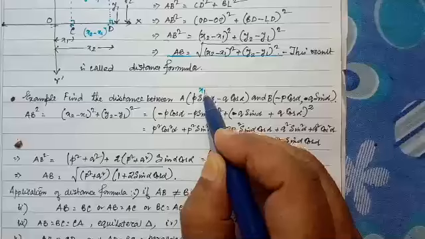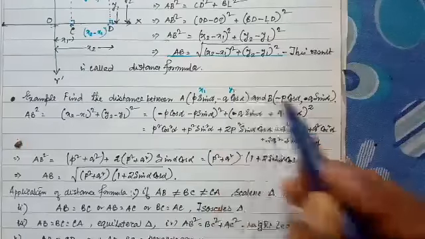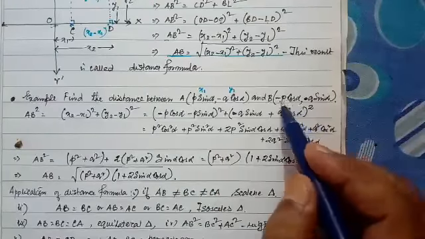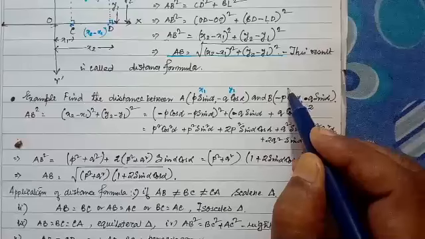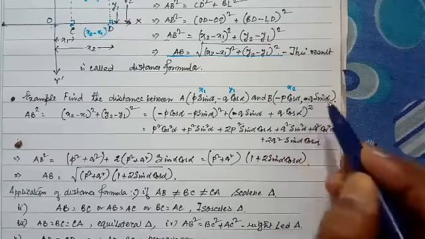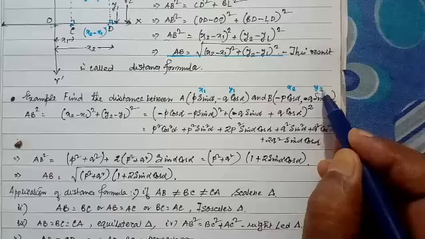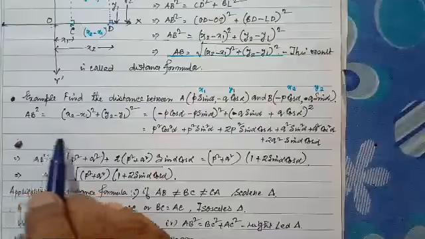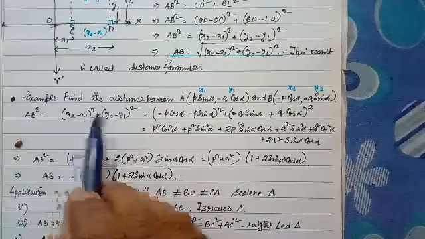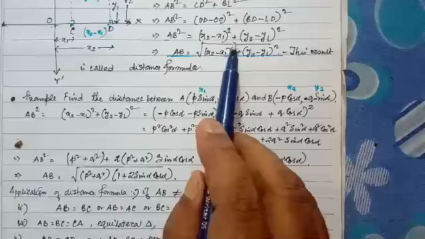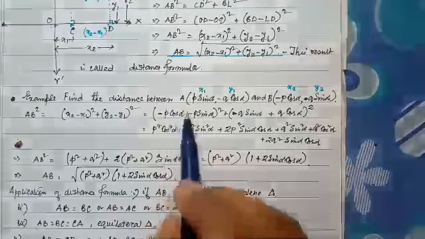So this is x1 and this is y1. And the point B is (minus P cos alpha, Q sin alpha), so this is x2, and this is y2. Now AB square, what is that? (x2 minus x1) whole square plus (y2 minus y1) whole square.